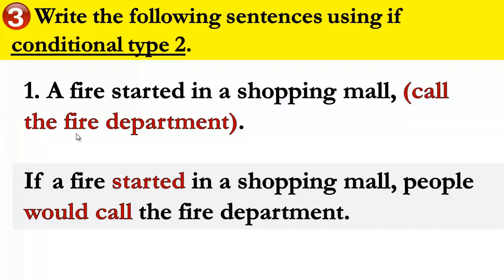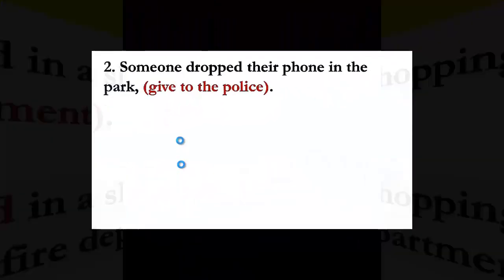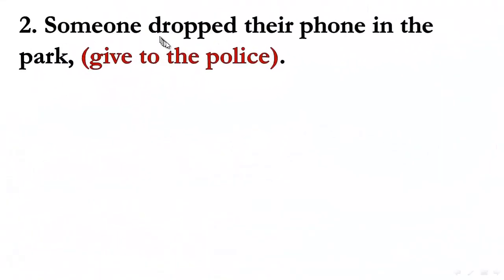As you see here, the verb in the first sentence is in the past tense. And in the second section of my sentence, I used would, then the verb in the infinitive form.